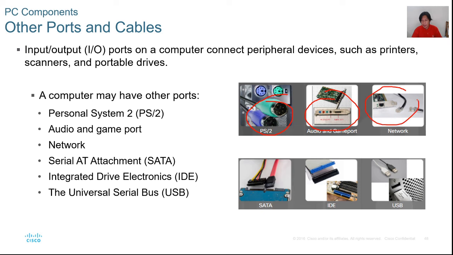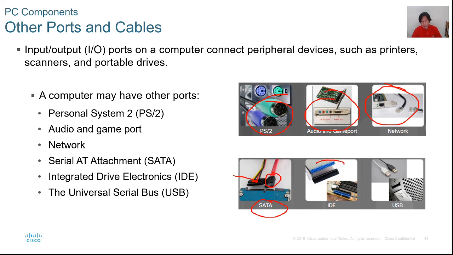Then the network card, which will be very familiar when you study networking later. This is a SATA connector. The smaller one here is the SATA for the storage device, and the other one here is a SATA power supply connector, which comes from the power supply that you have.